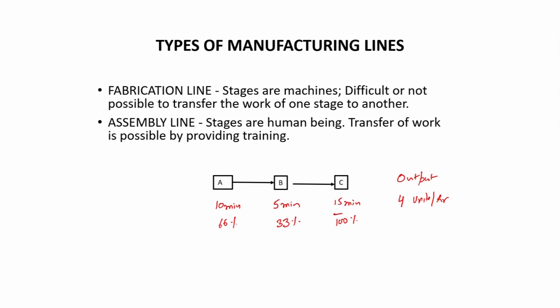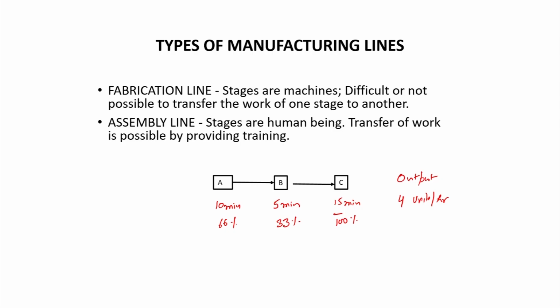One, your total resource utilization is less, and number two, there may be interpersonal relation difficulties. Worker C may feel that I am working throughout the shift, whereas these workers A and B are working only partially. That also you can address by shifting these workers to some other assignments or giving some other activity, but obviously the utilization of workstation A and B is very less.